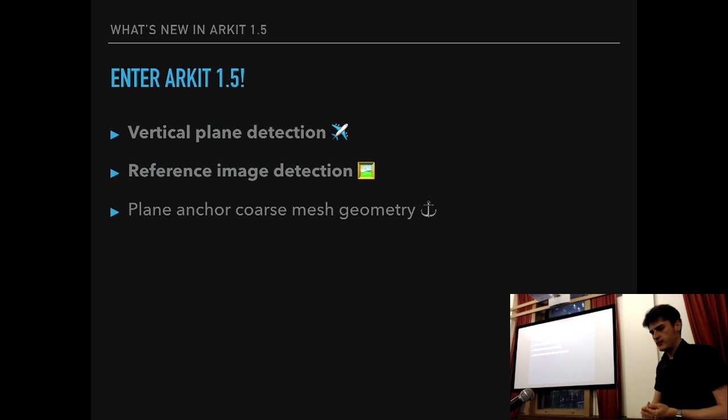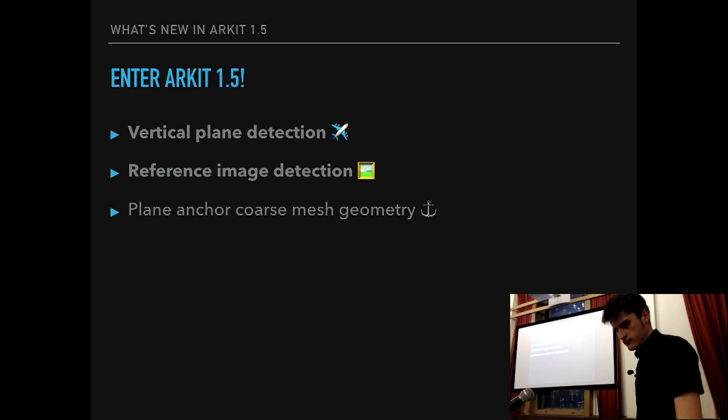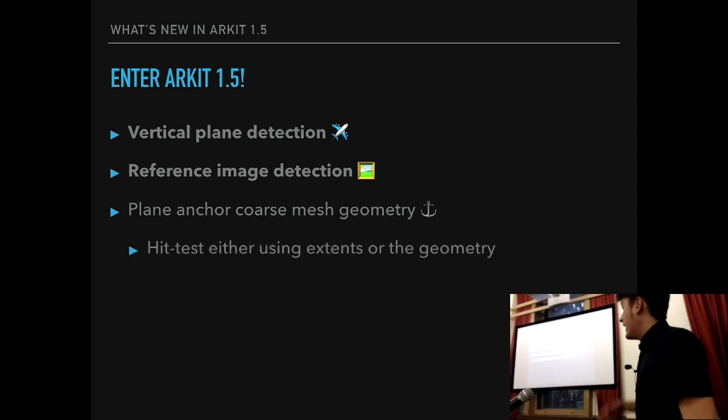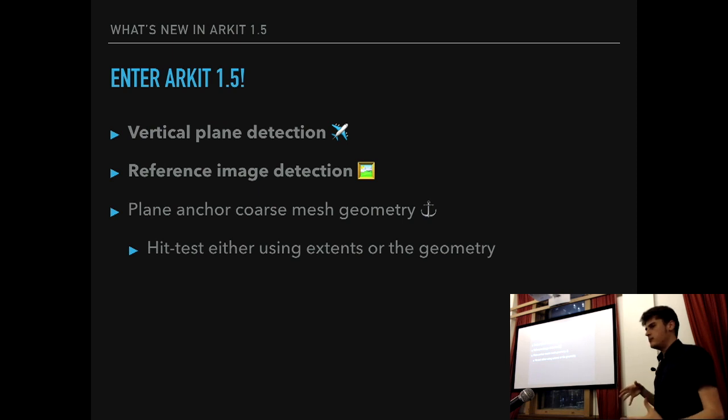So that, for example, if the object that ARKit has detected is not a perfect plane, which it's not always, it will give you a coarse representation of the shape of that horizontal surface or vertical surface now. And you can use that to actually hit test not against the extent of the plane, but against that coarse geometry.